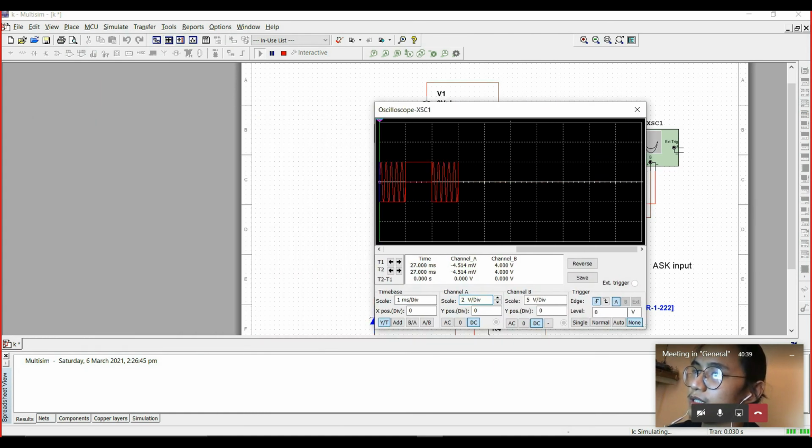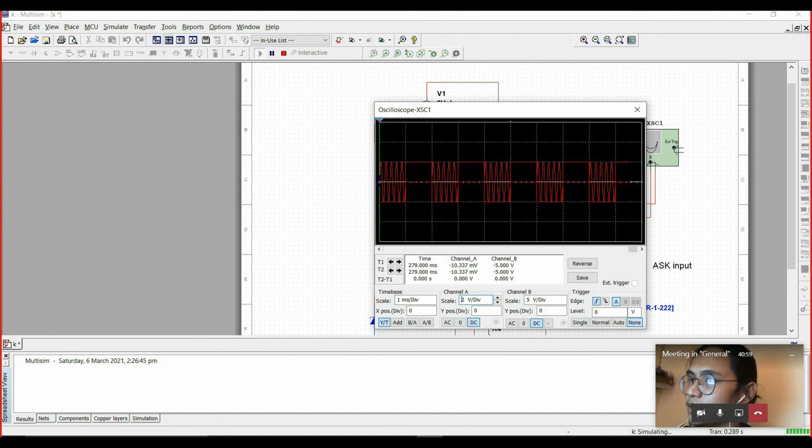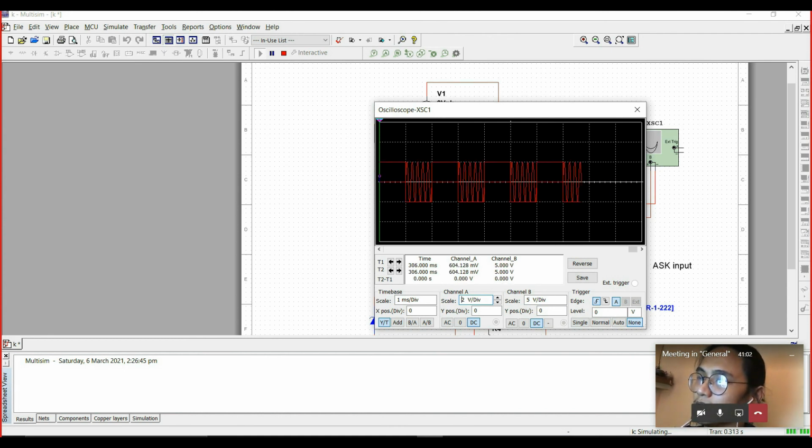Here we can see that if the input signal is high, there is no presence of the carrier signal. And this is a type of AM. It modulates or transforms the amplitude of the carrier signal in accordance to the input modulating signal.